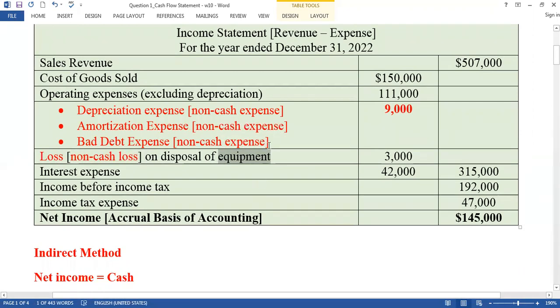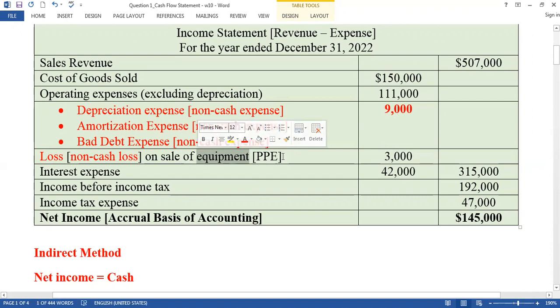Equipment is property, plant, and equipment. Disposal means sell. When you sell your equipment, you receive cash, right? You sell equipment and you receive cash.